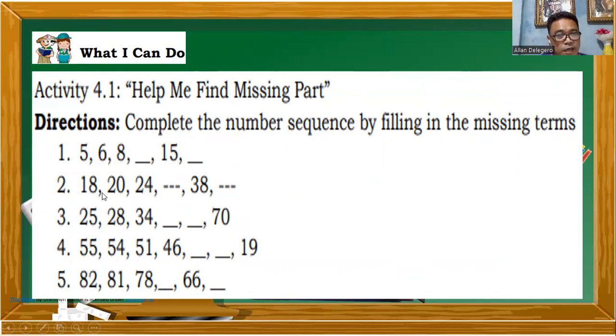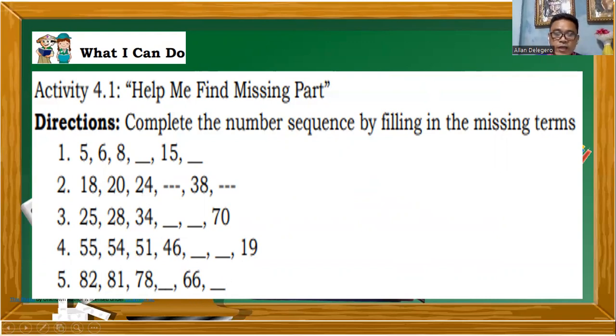Number 2, 18, 20, 24, blank, 38, blank. Number 3, 25, 28, 34, blank, blank, 70. Number 4, 55, 54, 51, 46, blank, blank, 19. Number 5, 82, 81, 78, blank, 66, blank.